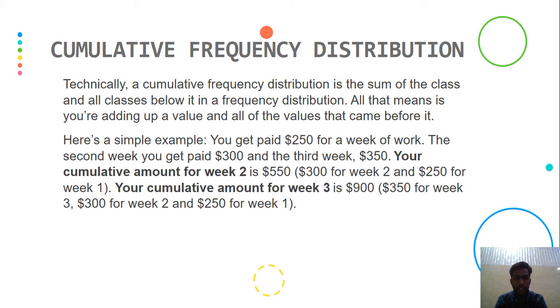Your cumulative amount for week 2 is $550: $300 for week 2 and $250 for week 1. Your cumulative amount for week 3 is $900: $350 for week 3, $300 for week 2, and $250 for week 1.